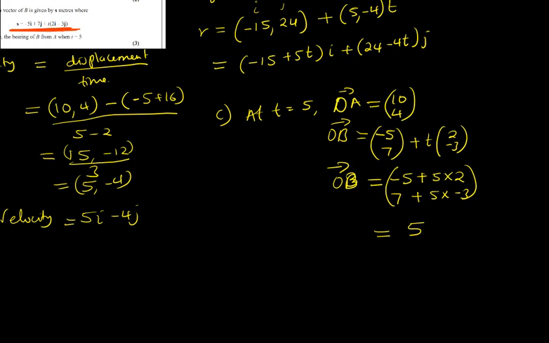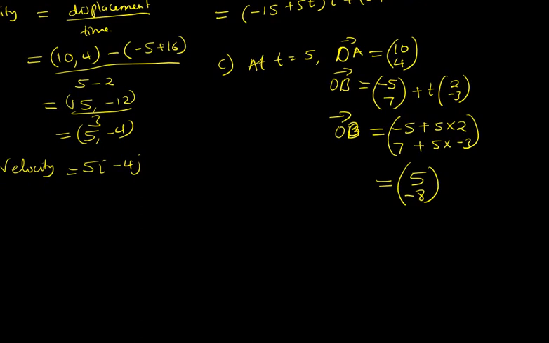Now let's see what really happens at time 5 seconds. At time 5 seconds, the position of A was (10, 4). So this is where A was, and then B is at (5, -8).